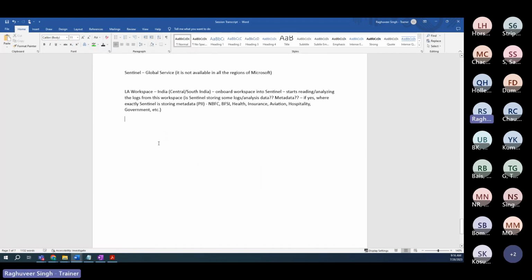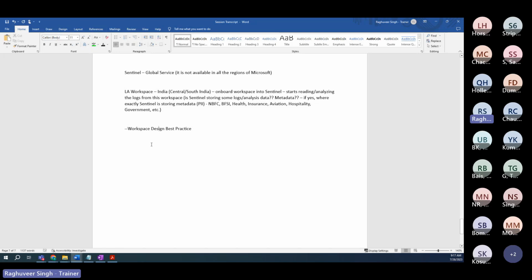Okay, now that you have understood the data residency part for Sentinel, and you know that Europe is Europe and the rest of the world is US, then what is my workspace design best practice? How will I design my workspace? Because I have log sources, I have services configured in multiple places.